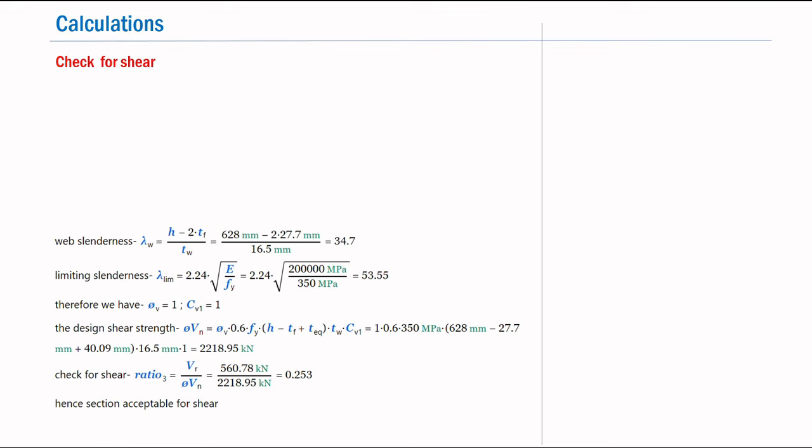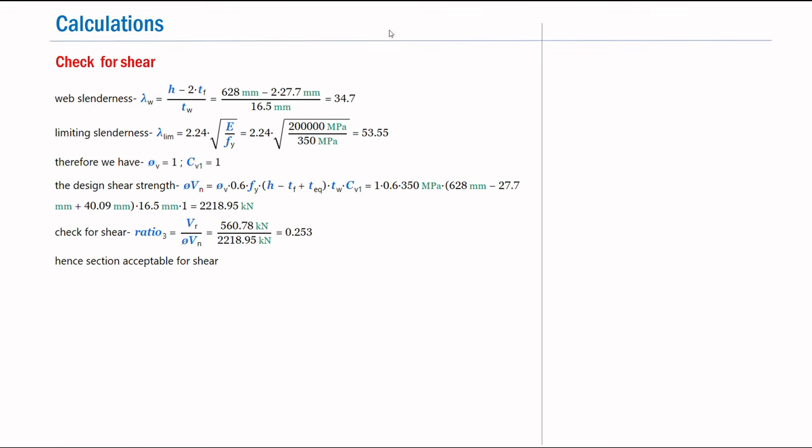And finally we have the check for the shear, and the calculations are very simple, wherein as per the code provisions we know that the design shear strength is given by phi V into 0.6 Fy into the gross area of the web, and we have a parameter CV1 which is calculated as 1, and this is based on a lambda limiting value which is 2.24 into square root of E by Fy, for which alpha V is also 1.